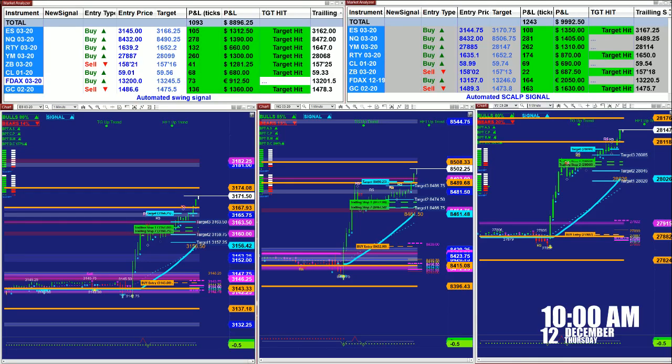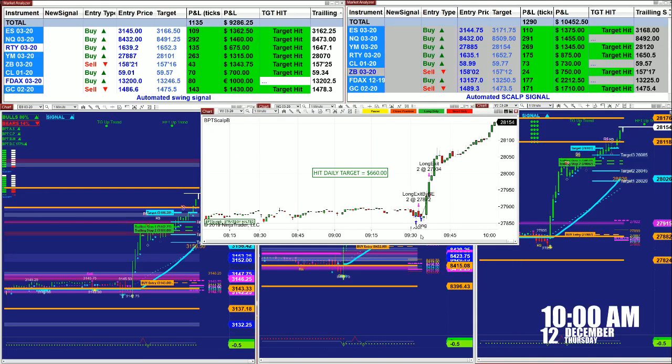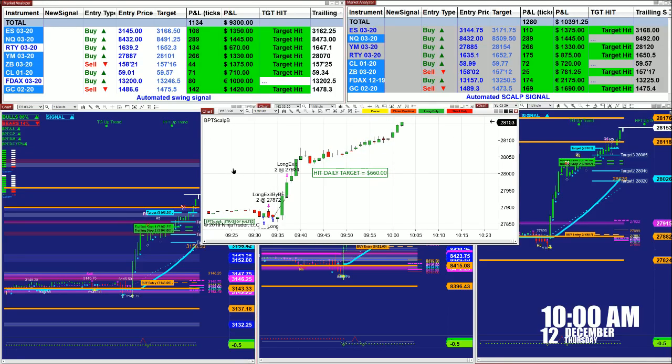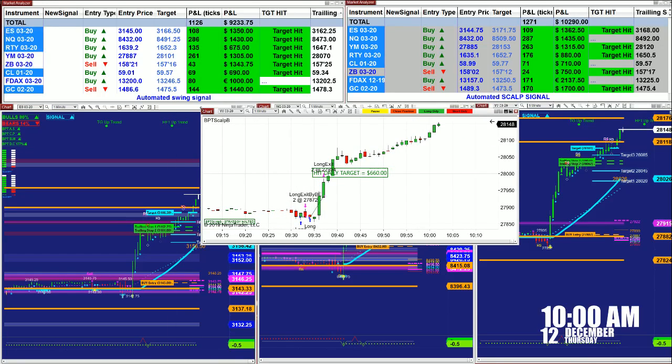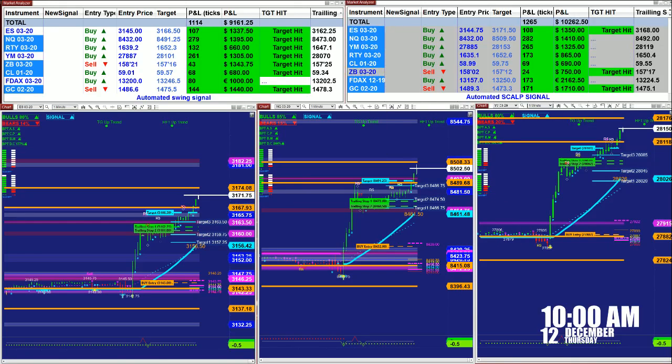And we have the YM also target hit 660, and immediately hit the target and nailed 660. And it could have taken much more today, but we have the scalper automated trade based on a $500 a day target.